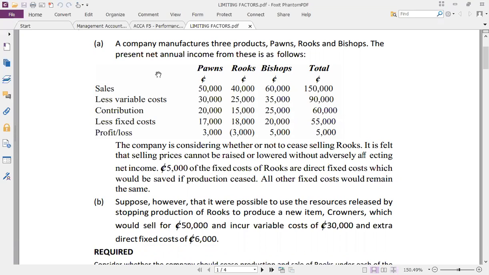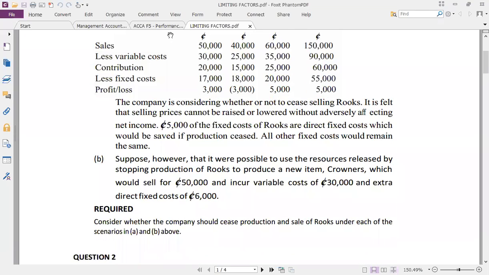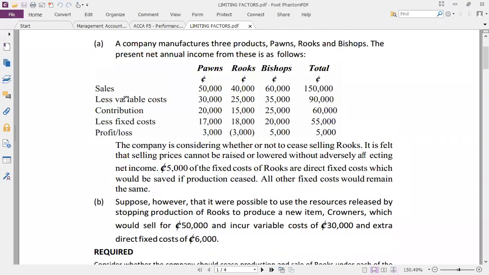I can see that rooks is making some losses here, a loss of 3,000. The mere fact that there's a loss does not suggest that we should shut down the production of goods. Let's see.